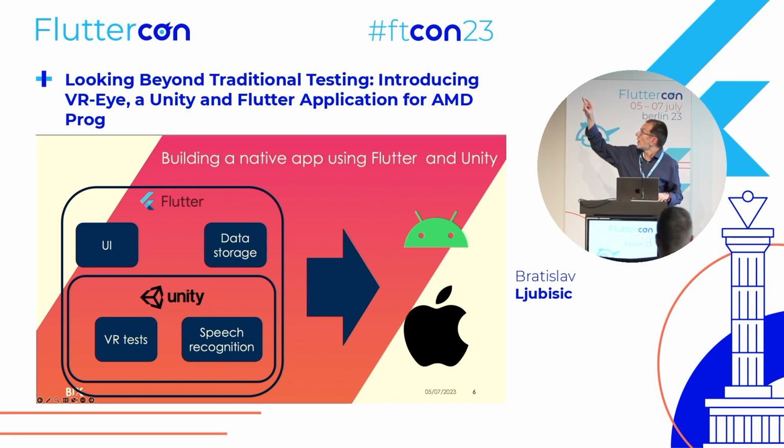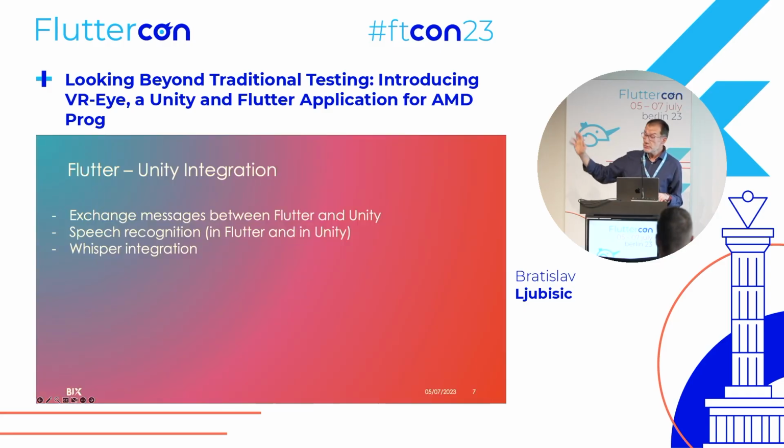How Flutter and Unity talk to each other, I will cover in the next slide. These are the three main points in the Flutter Unity integration: exchanging messages between Flutter and Unity, speech recognition in Flutter and in Unity, and also a Whisper integration.